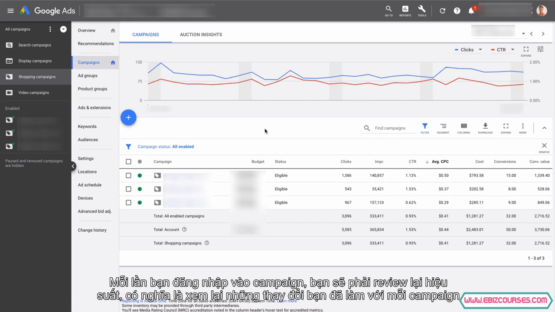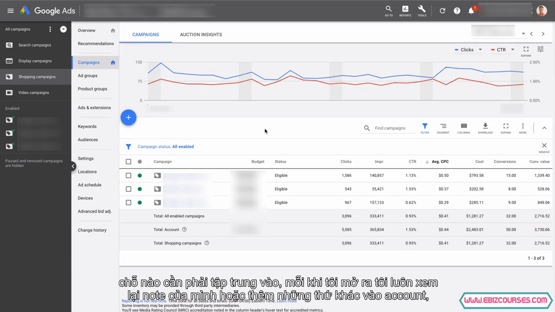Every time you're logging into your campaigns, you start off with a performance review. And this performance review basically will tell you what changes you'll be making to which campaigns. So where to focus your attention, really. So when I start out, I always look at my notes or at the different things that have been going on in the account.